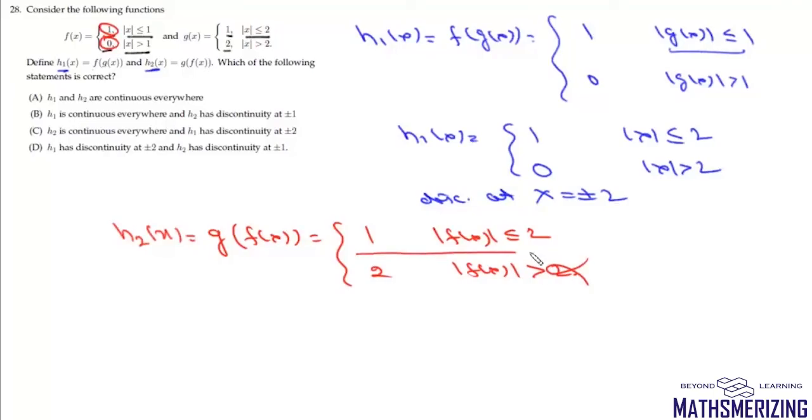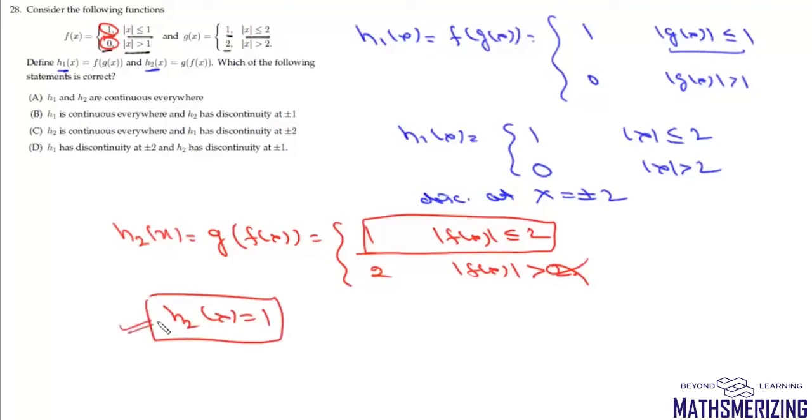So the only option that we have here is g of f(x) will be 1. So this h2(x) is nothing but a constant function. So this function will be continuous for all x belongs to R. So the answer to this question is h1 is discontinuous at plus minus 2 and h2 is continuous. So h2 is continuous everywhere and h1 has discontinuity at plus minus 2, and that's your option number C.